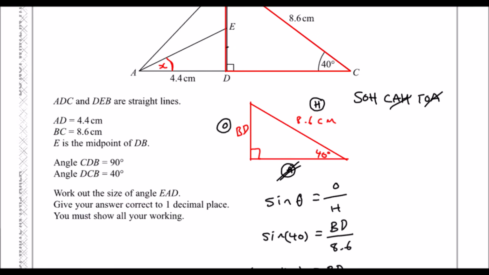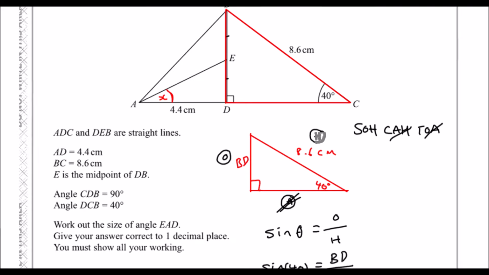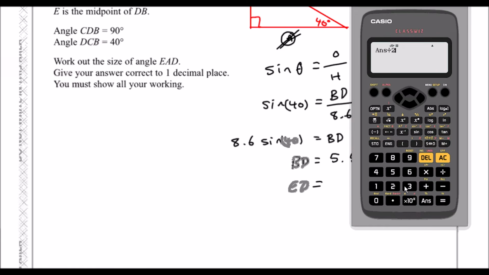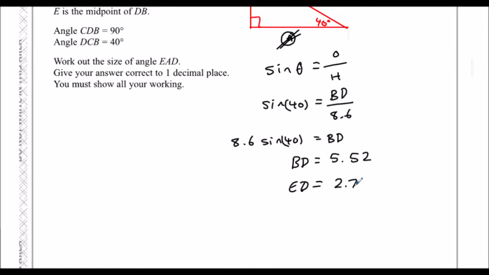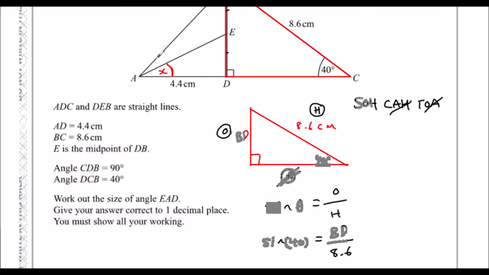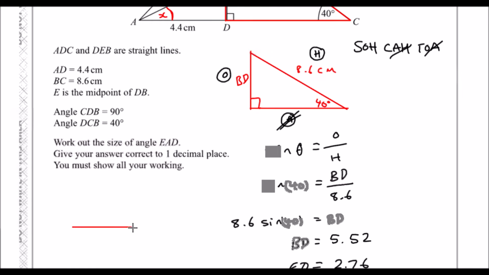I need to find ED now, and ED is half of BD, because E was the midpoint. So half of that is 2.76 and so on. Now I'm going to use the triangle AED. So I'm going to do a quick sketch of AED.